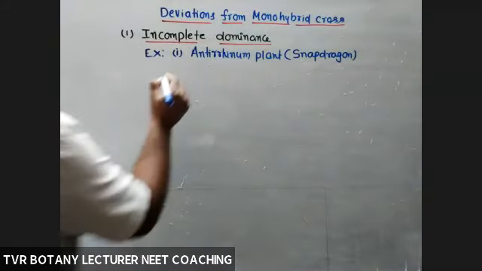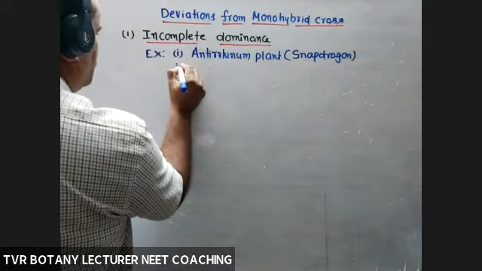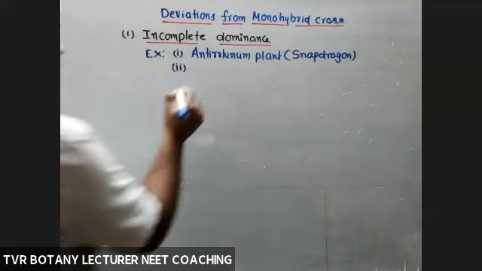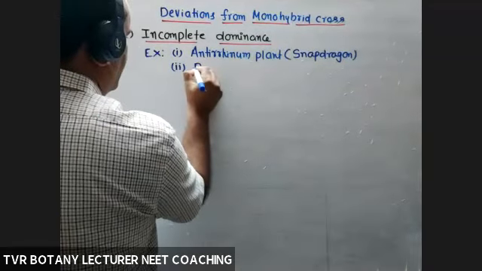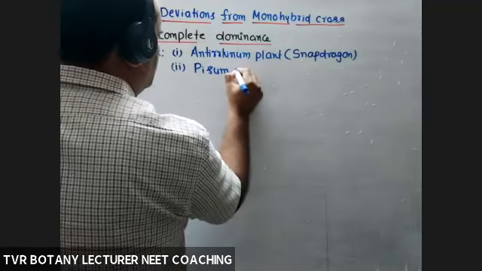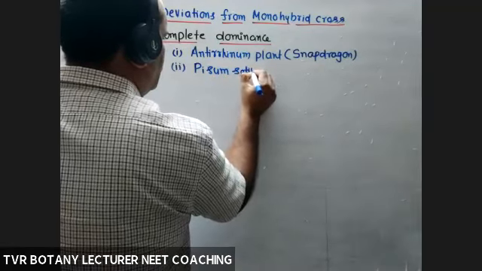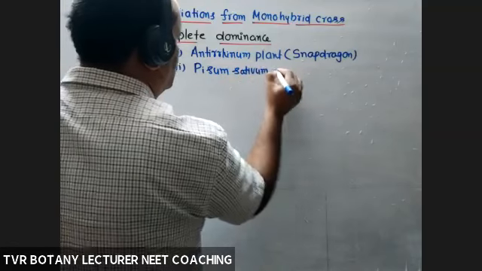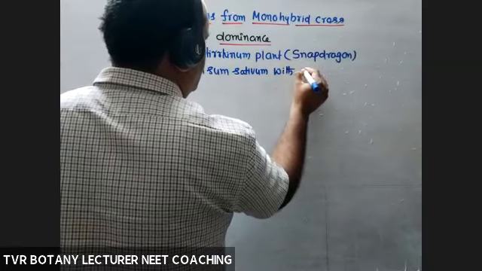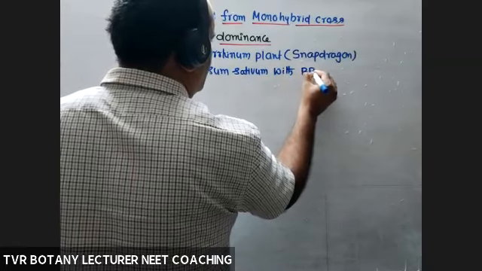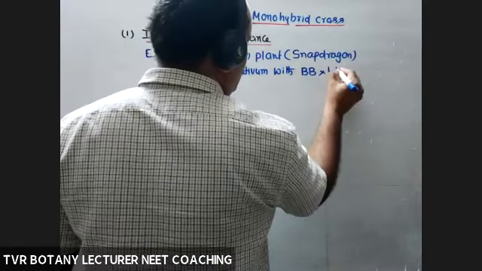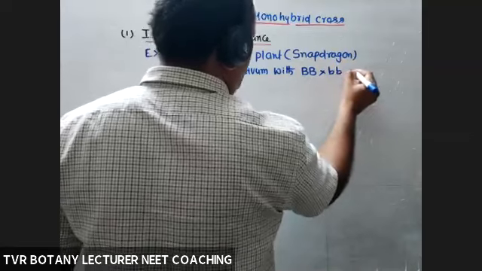Example 1. Second example, Pisum sativum, with capital B crossed with small b genotype.